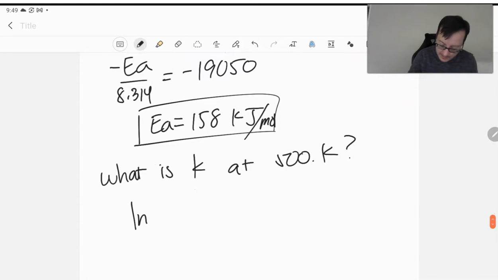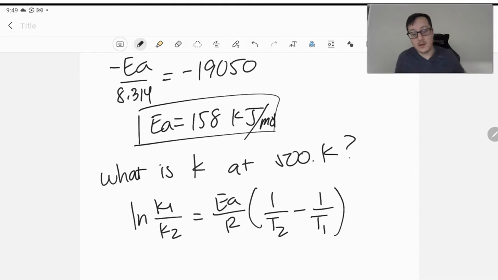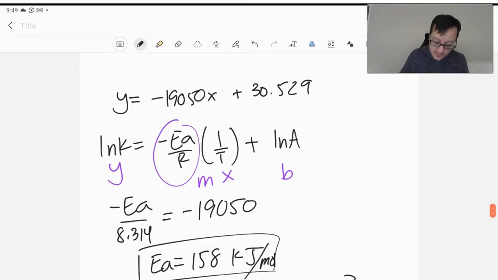We know that ln k1 over k2 is equal to EA over R times 1 over T2 minus 1 over T1. Generally speaking, it's easiest if you choose k1 to be the one you're solving for, because that's in the numerator on the left side. And then we can just plug in any of the other values that we have here.